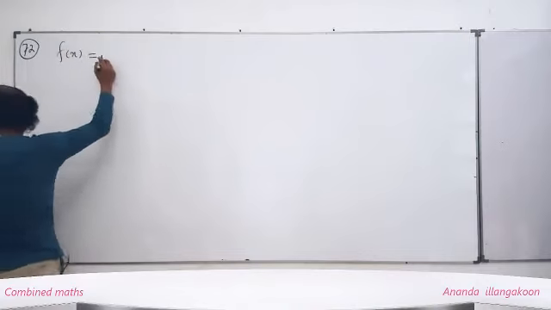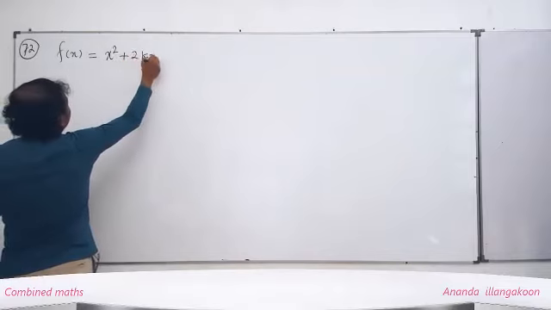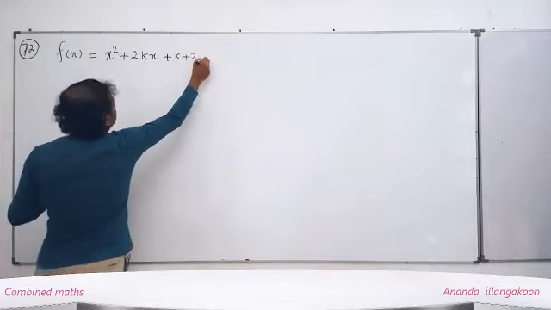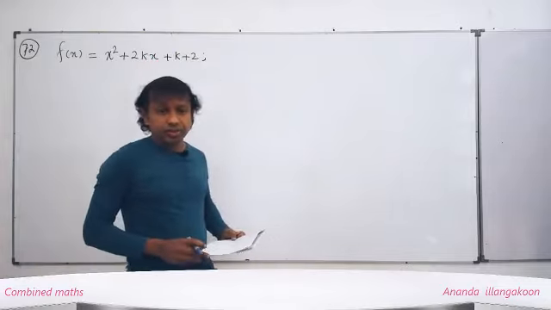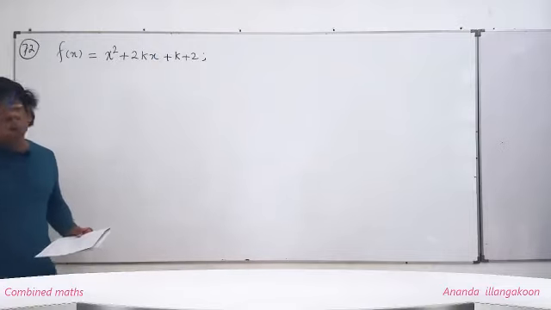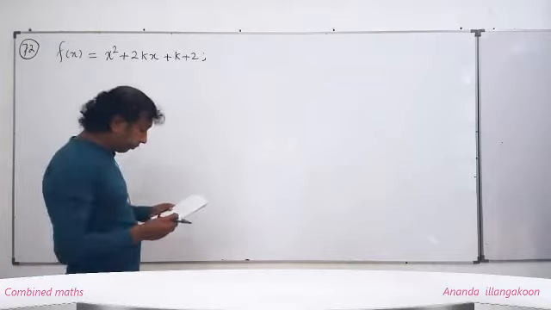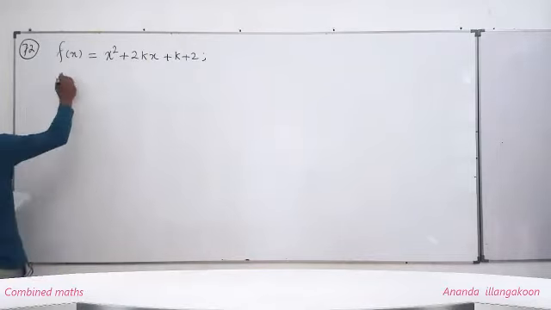Real constant means, people, a real number; constant means a fixed value. So k is a real number.